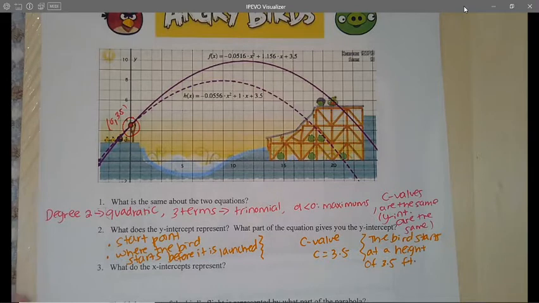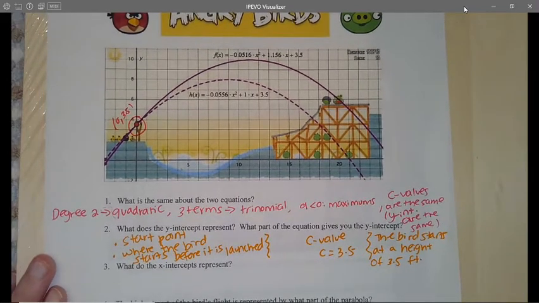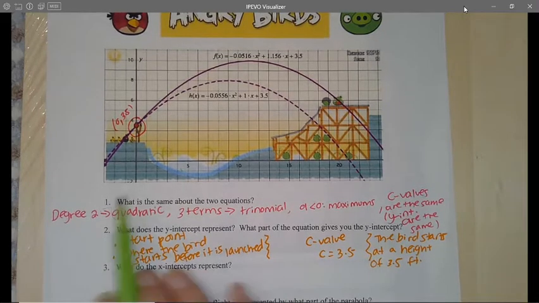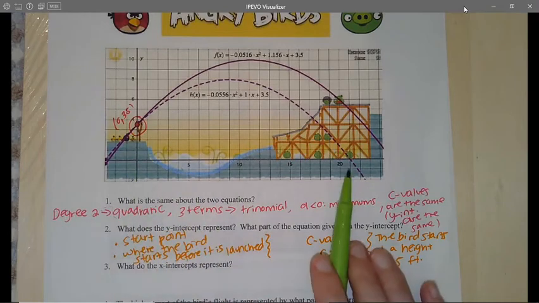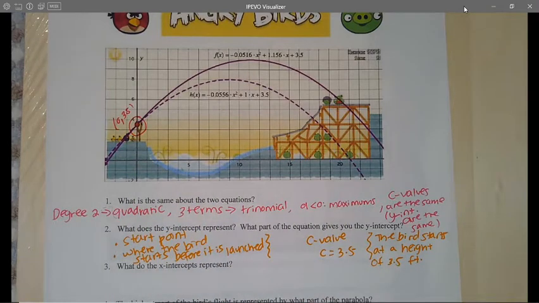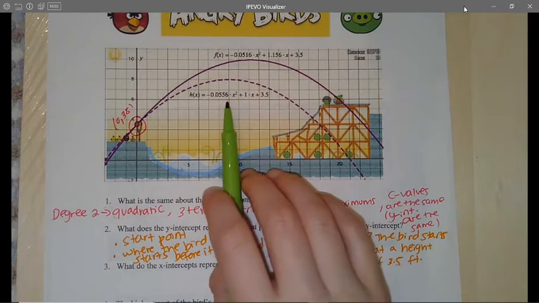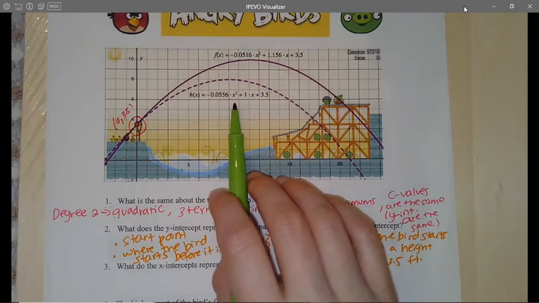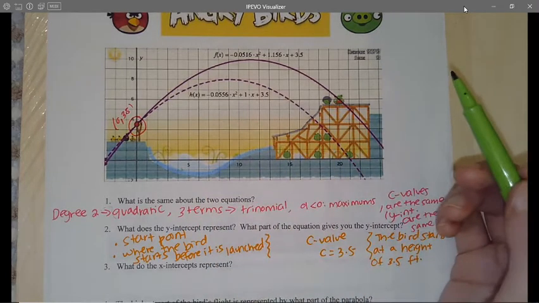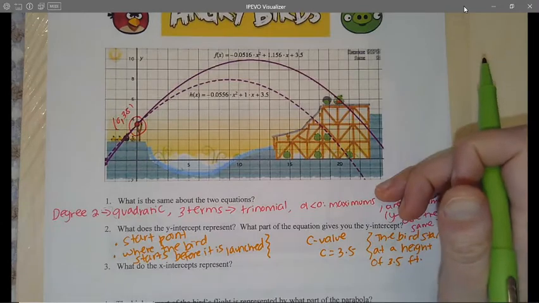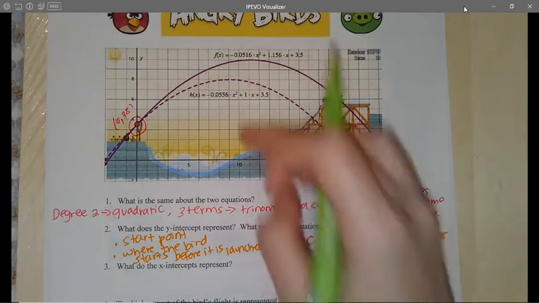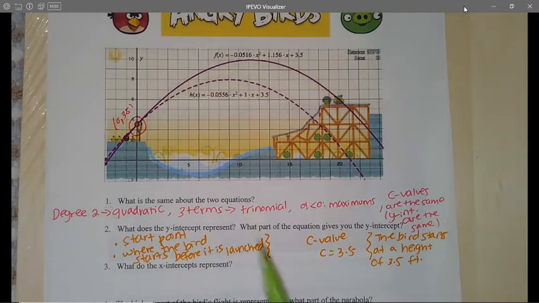So this represents, not really when the bird hits the ground, because that would mean that one of our axes would be time. In this problem, it's going to mean how far the bird flew when it hit the ground. If x represented time, which as far as I understand, the x in this problem is going to represent how far it has gone, but if x represented time, then it would be how long it took the bird to hit the ground.